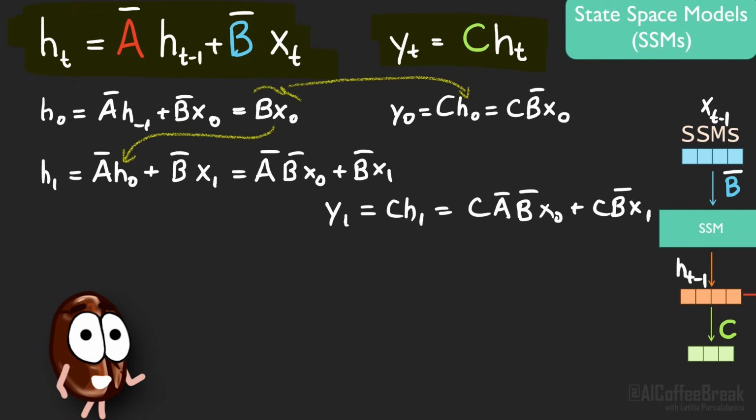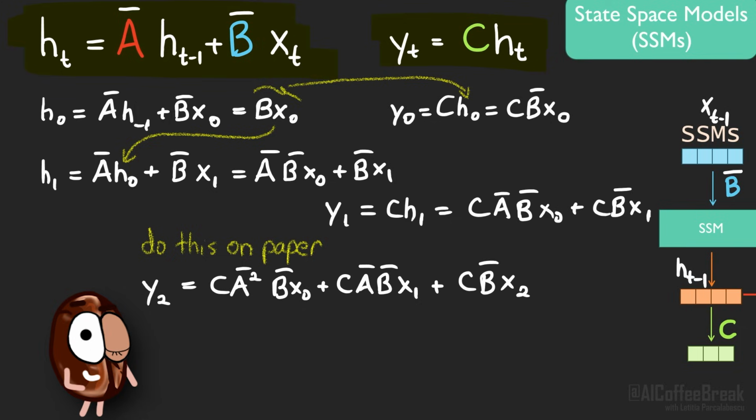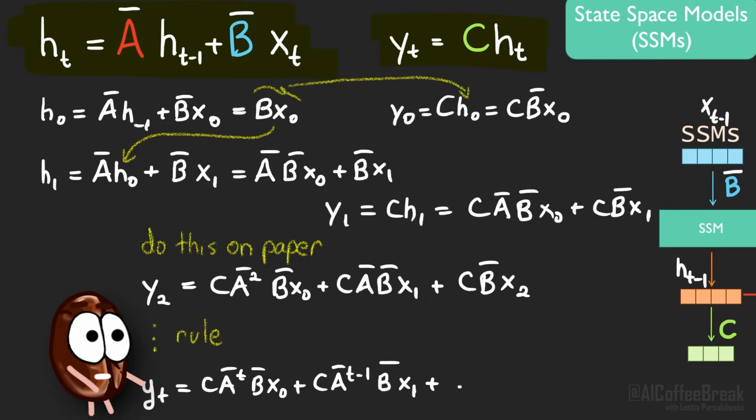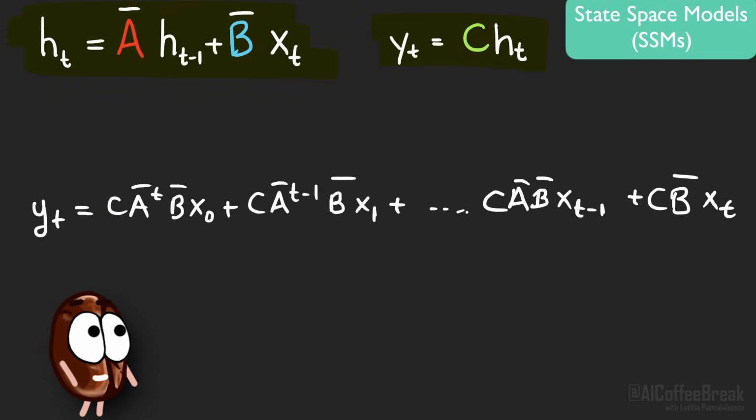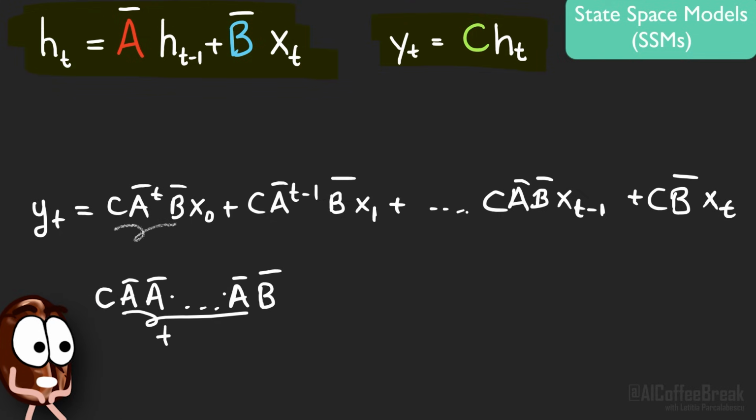Let's also write it for the third token so we can see a pattern here, but you can do the math yourself to check. And the pattern is this, and it's very regular. We have here lots of matrix multiplications one after the other, like C times A bar times B bar, irrespective of what the input will be. Only after this stack of matrix multiplication must we multiply with the input.